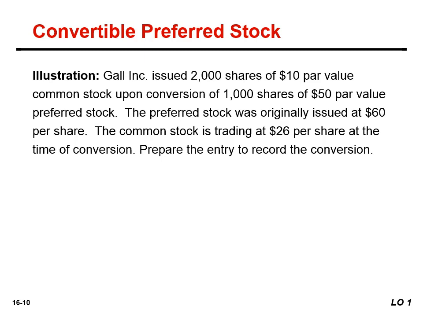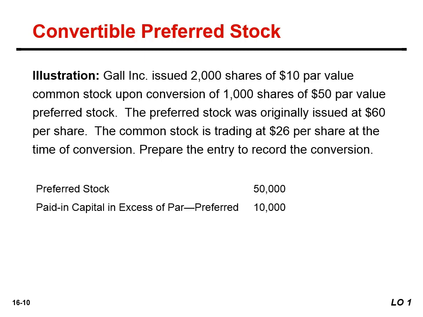What do you do? Okay, first things first, kill the preferred. Debit your preferred stock for $50,000 or 1,000 shares at 50 bucks a piece. Also, kill the paid-in capital on the preferred stock, which is the difference of the $10 additional market value per share at 1,000 shares, or 60 minus 50 times 1,000.